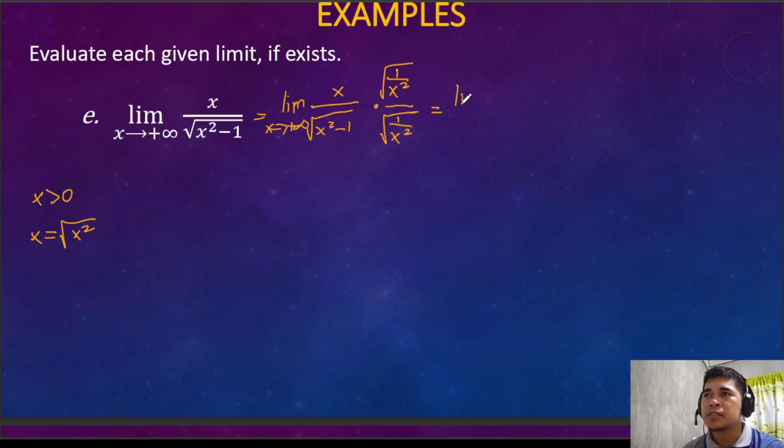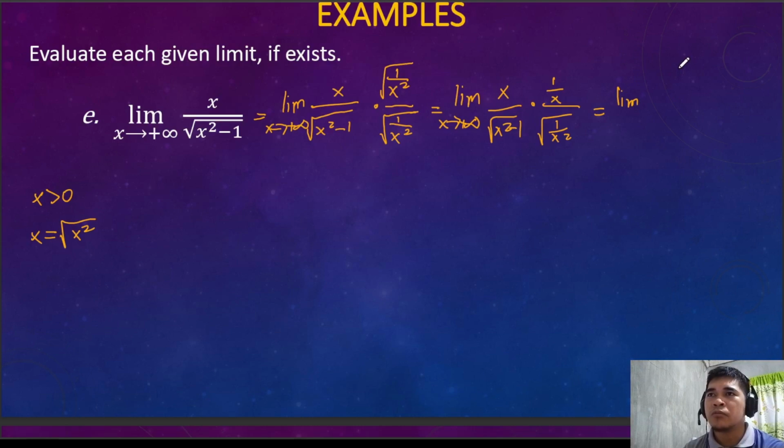So equals the limit of x over square root of x squared minus 1 times, take note, here, we can simplify the square root of 1 over x squared as 1 over x. Here, we have the square root of 1 over x squared still, as x approaches positive infinity. Okay, the limit of x over x, the numerator. Denominator, we have x squared minus 1 times 1 over x squared as x approaches positive infinity.